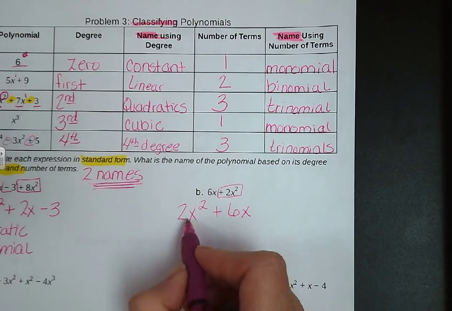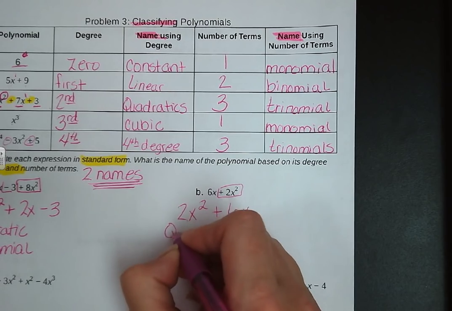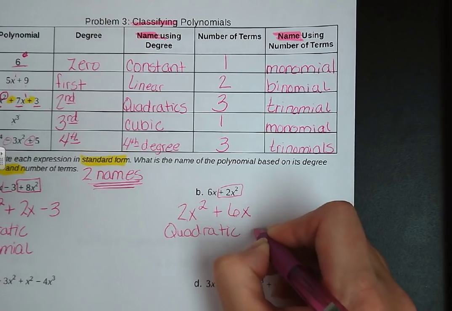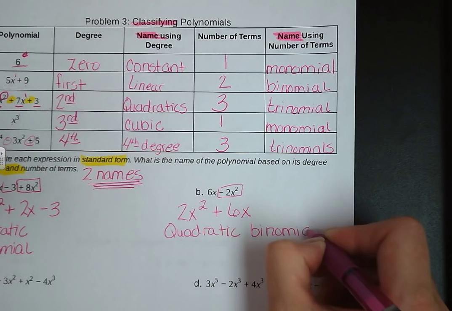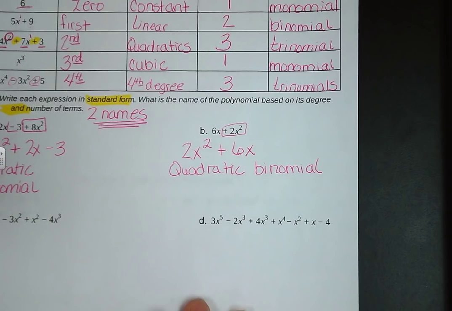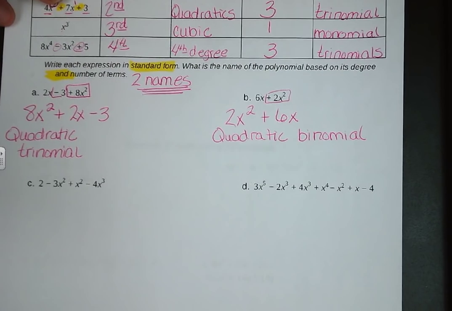So this is going to be a quadratic, because our highest exponent is 2. And it's a binomial, because there are 2 terms. Okay. I want you guys to try letters E or C and D, and then we'll go over them.